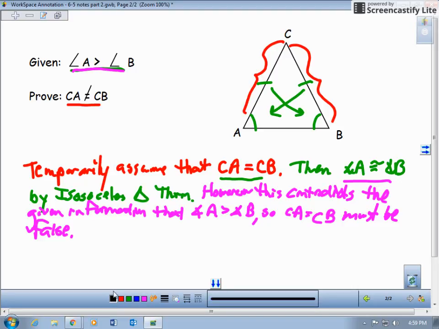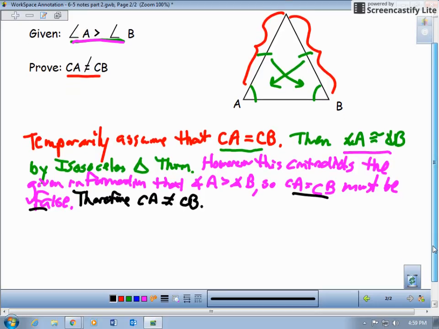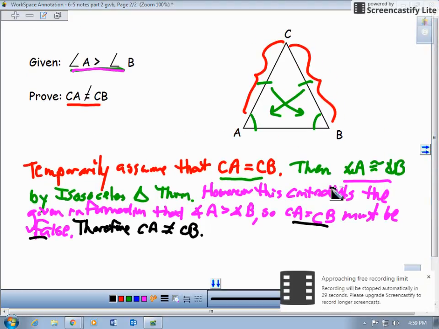And the last step is, since CA equal to CB has to be false, therefore CA does not equal CB. And that, guys, is an indirect proof. Pretty formulaic. You can really get complicated in the middle step, but the first, third, and fourth are pretty much always the same.